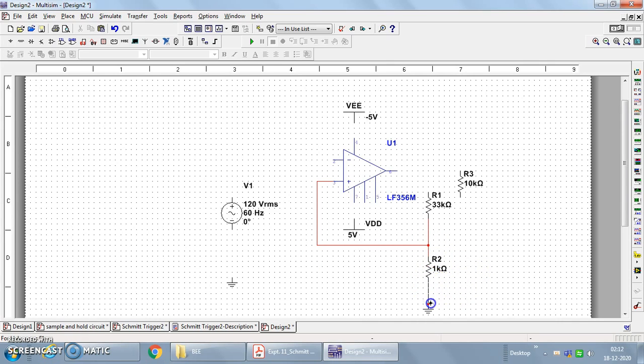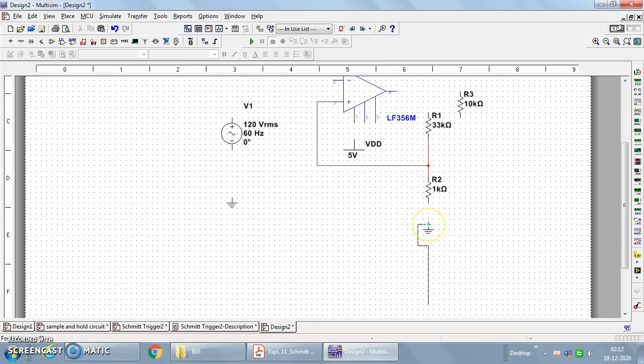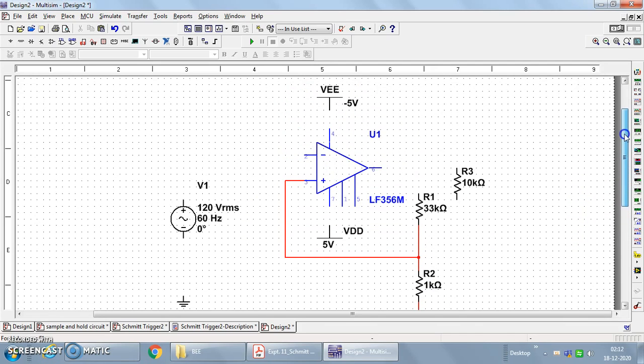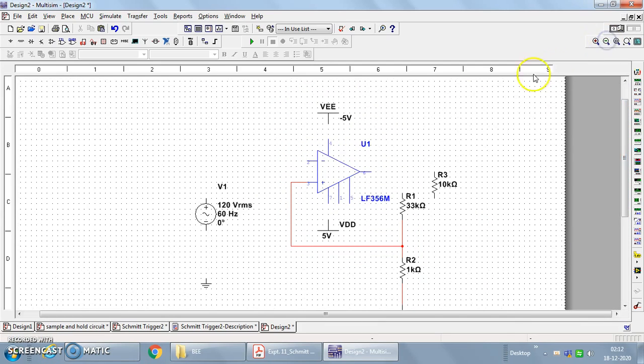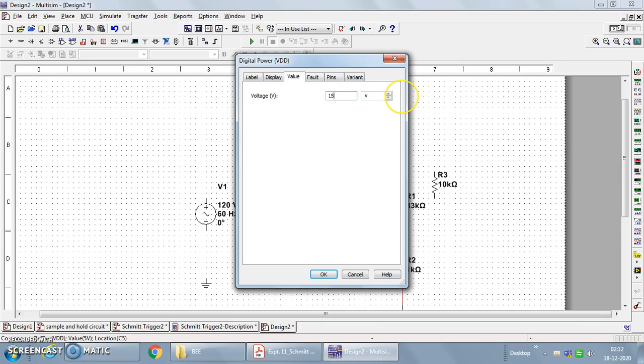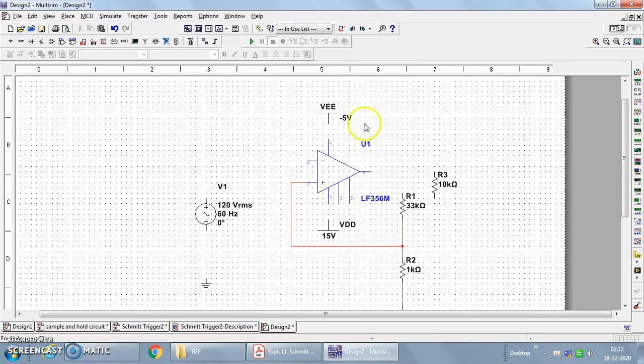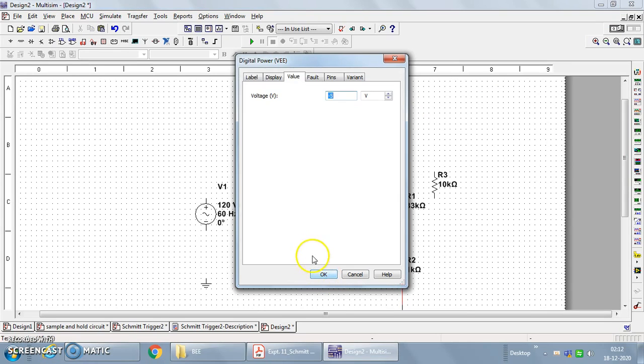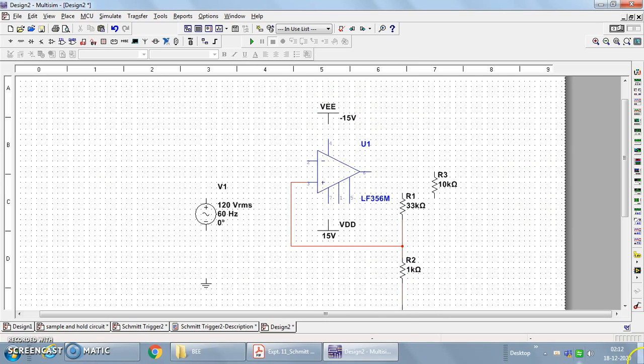Let us join these two with the ground connection. Similarly, for VDD, let us change its value to plus 15 volts, and for VEE change its value to minus 15. Let us join pins 4 and 7 to the supplies.